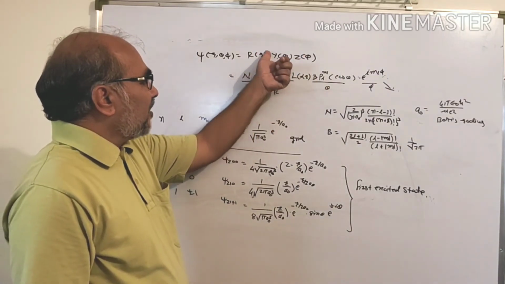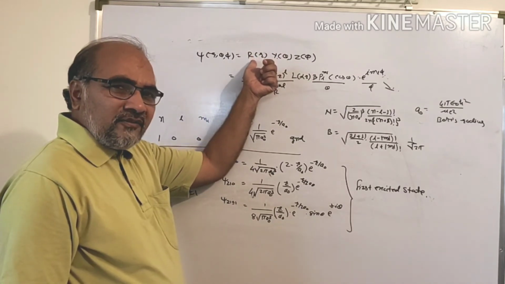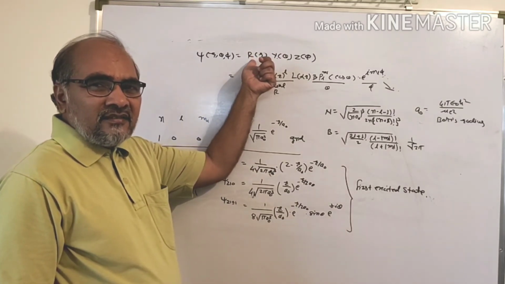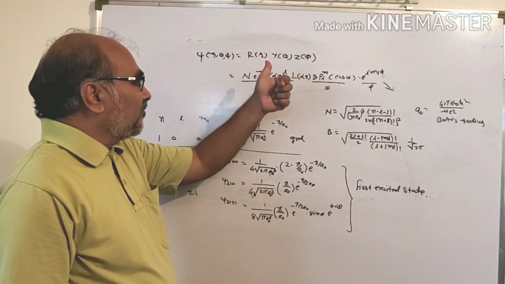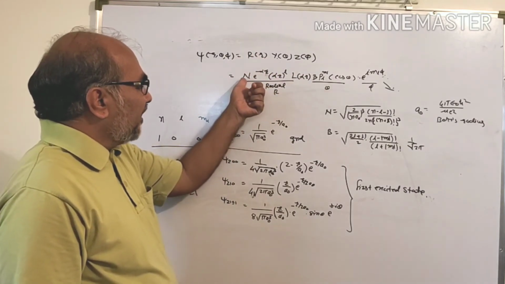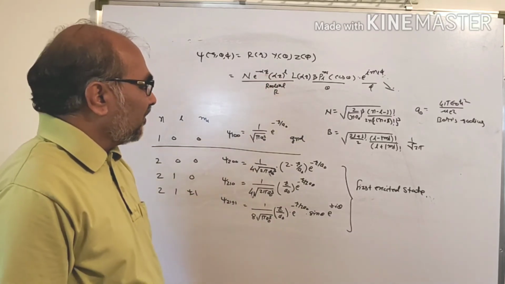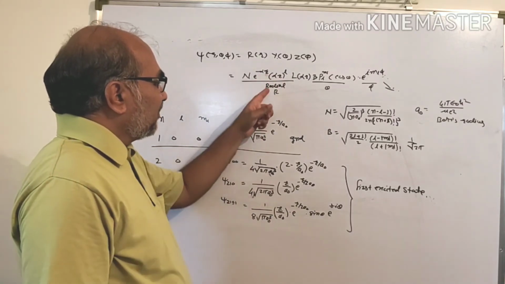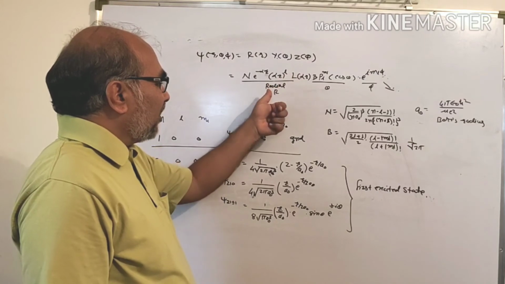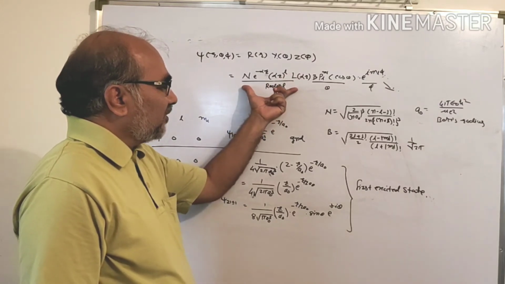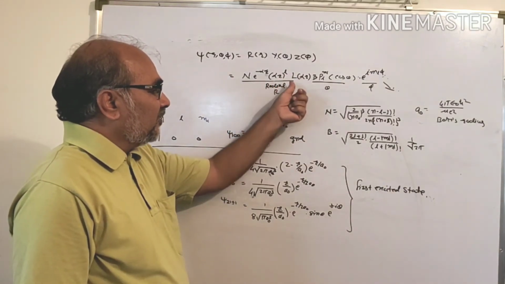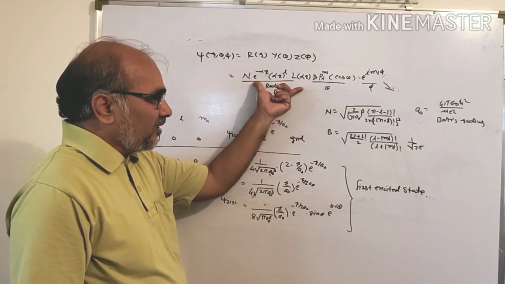The R of r we find from our radial component, and the solution for the radial part is N e raised to minus alpha r, times alpha r raised to L, times the radial form. So this is the radial form.